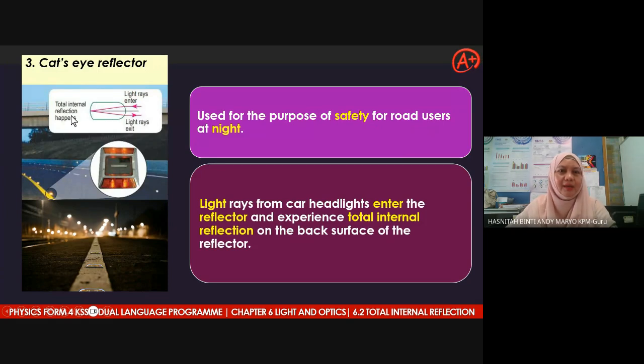You can see the light ray from a car headlight. Here the light ray from the car headlight enters at this part. So what happened inside? It experienced total internal reflection at the back part of the reflector. So it will be reflected back to the eyes of the driver or the pedestrian or the road users.